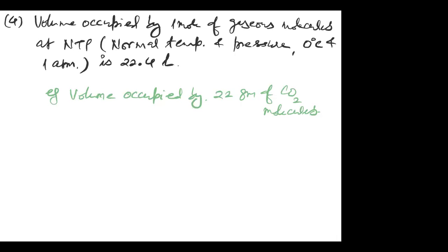So first, number of moles should be 22 divided by the gram molecular mass of CO2, which comes out to be 44. It comes out to be half mole of molecules.